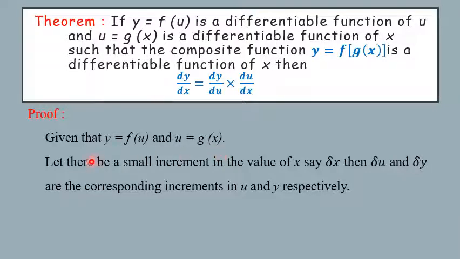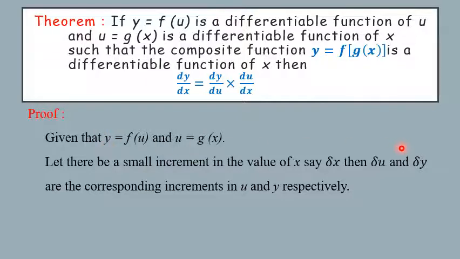So let there be a small increment in the value of x, say delta x, then delta u and delta y are the corresponding increments in u and y respectively, because u is a function of x and y is a function of u. So suppose we make some change in x, the effect will be in u, and when there is an effect in u, the change will be in y.